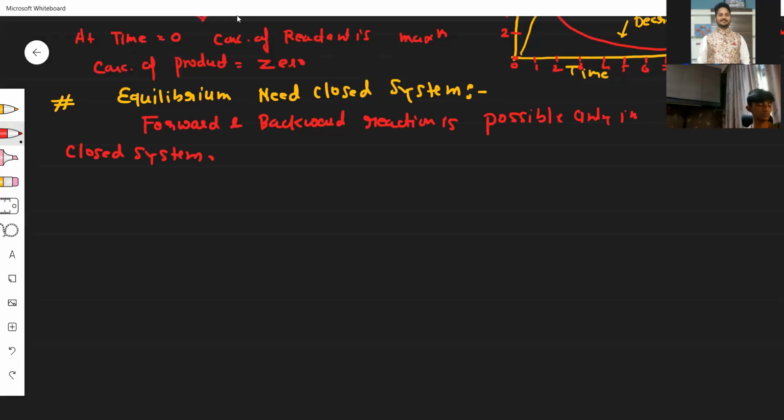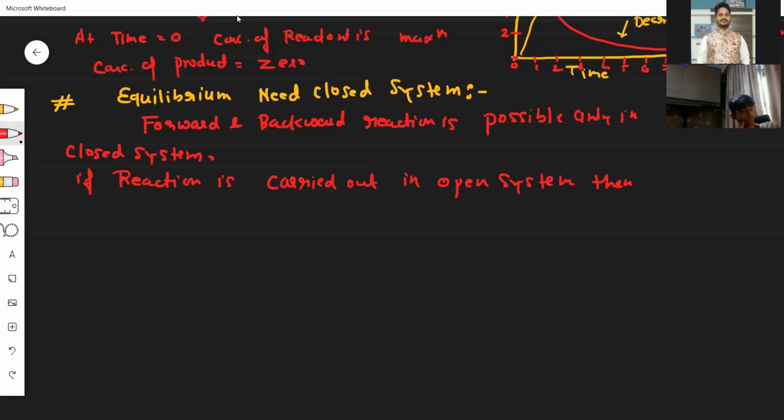Now, if the reaction is carried out in an open system, what is going to happen? If the reaction is carried out in an open system, the backward reaction won't occur, so equilibrium is not approached.